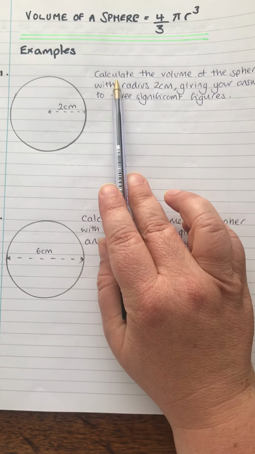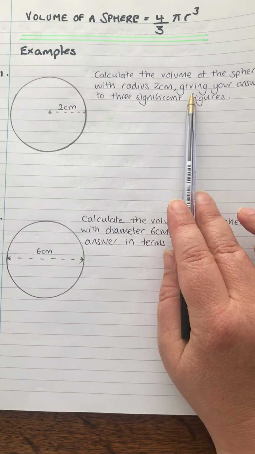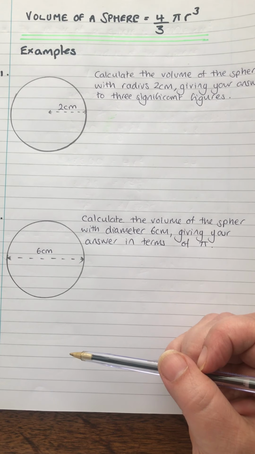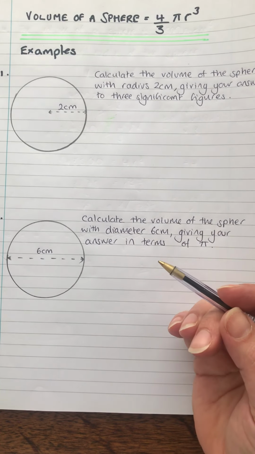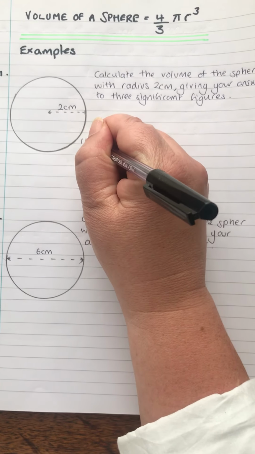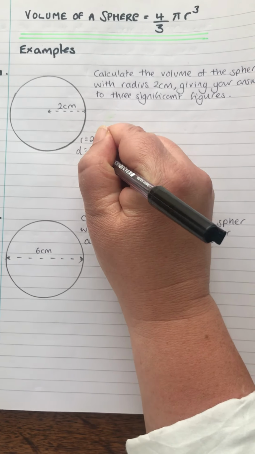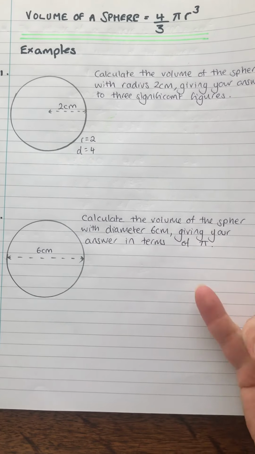So my first example asks me to calculate the volume of the sphere with radius 2 centimetres, giving your answer to 3 significant figures. In questions involving spheres and circles, I like to write down what I've got, which is the radius, and also what I might need, the diameter.